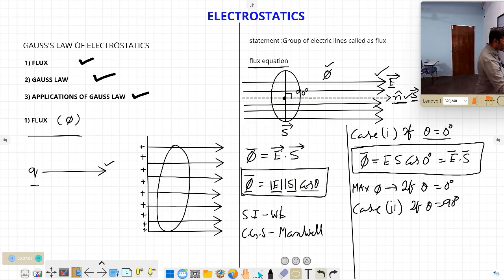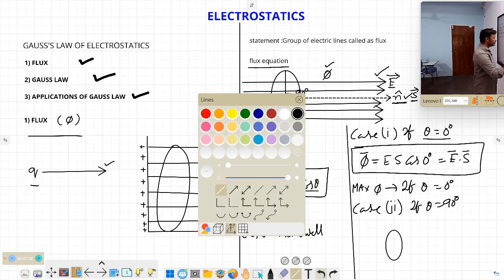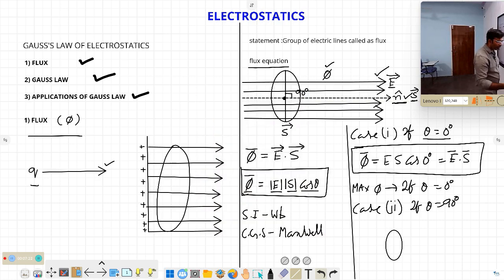This is the way the surface area is chosen. This is the normal, as we already discussed, and this is along the surface. This normal vector is called the surface area vector.